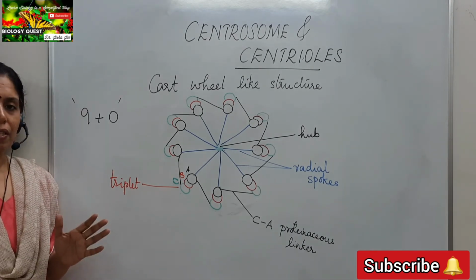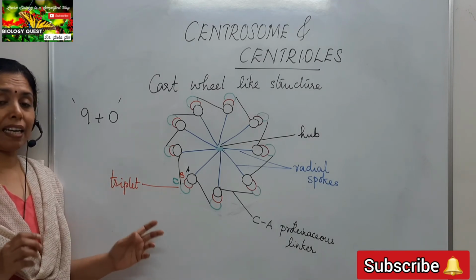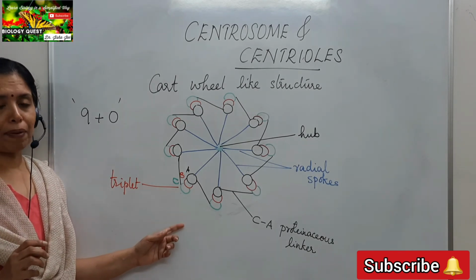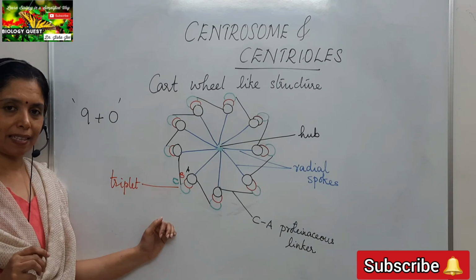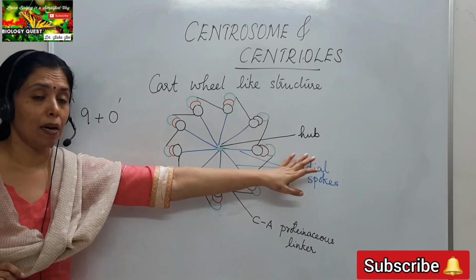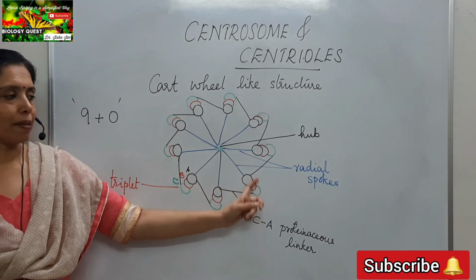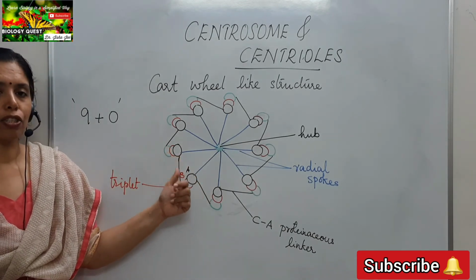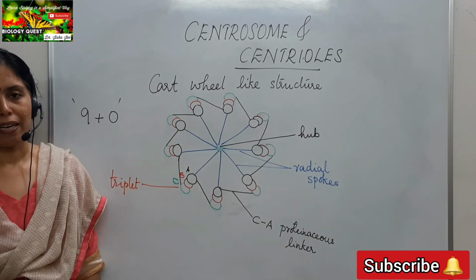So once again, we have seen the wall of the centriole is cylindrical, and it is composed of 9 groups of microtubules, and each group is a triplet formed of 3 microtubule subfibers designated as A, B and C. At the center, there is a proteinaceous mass called the central hub, and the central hub is in turn connected to each of the triplets by means of radial spokes, and each triplet is connected to its adjacent triplet by means of CA proteinaceous linkers.